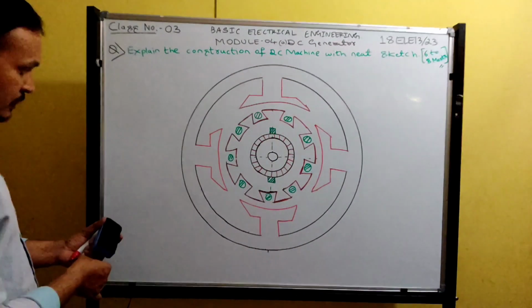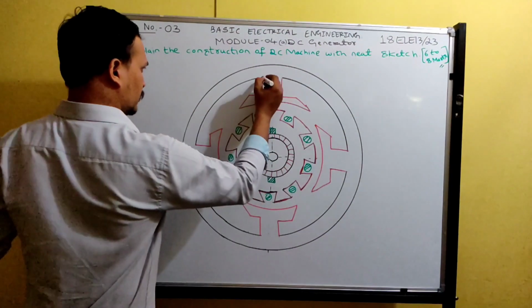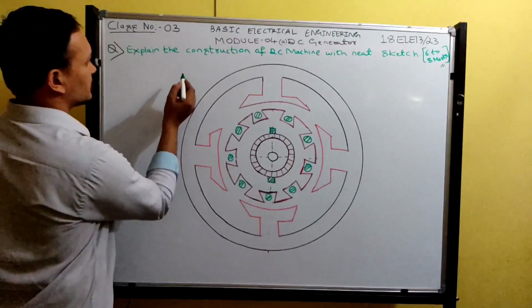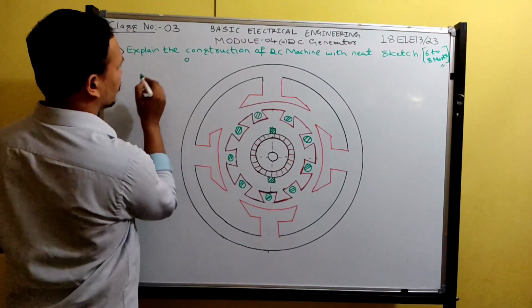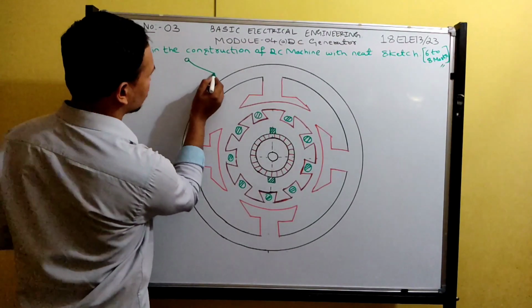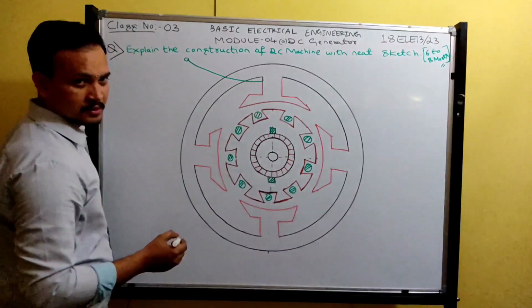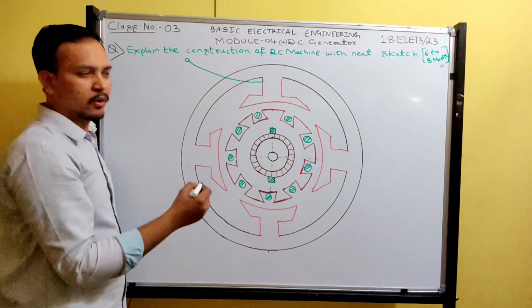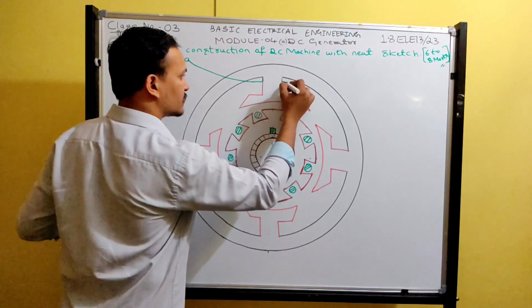Understood, guys? Now you must draw the field windings. You take one wire from this point onwards, join like this, and encircle this winding on the core. In this manner you can draw.